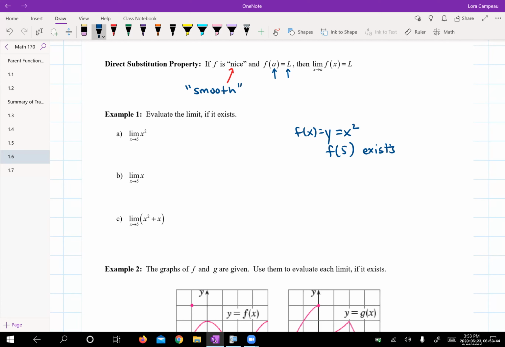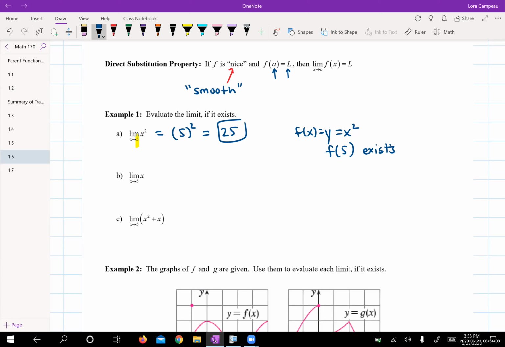If that is the case, then when we want to calculate the limit of x squared, we could simply take that particular a value and plug it into the function. So that's 5 squared, and so the limit is going to be equal to 25.